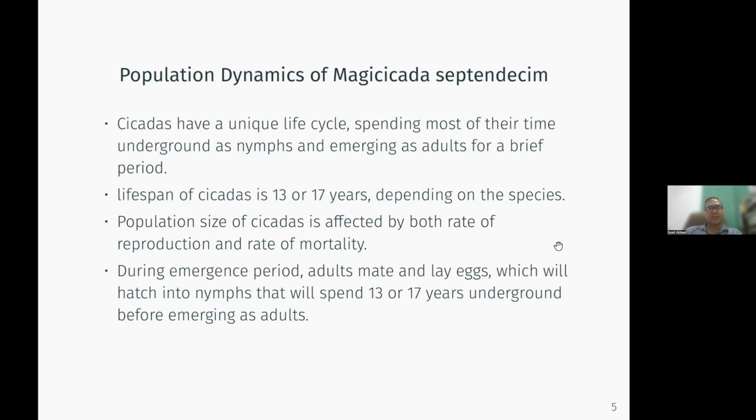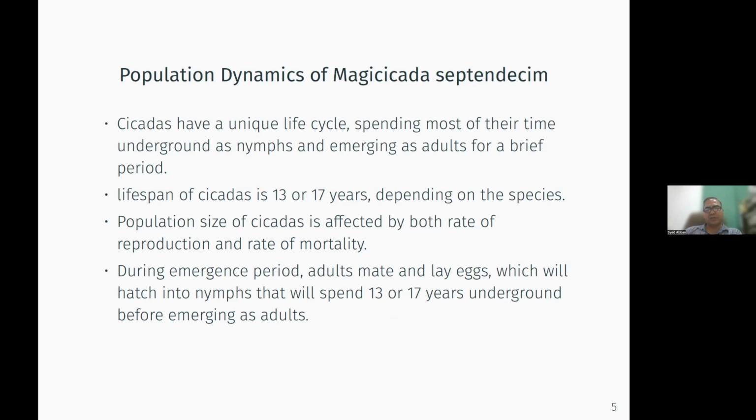So the cicada has a very unique life cycle. The lifespan is 13 or 17 years, and the population is affected by both the rate of reproduction and the rate of mortality. And for a certain period of time, it is underground.